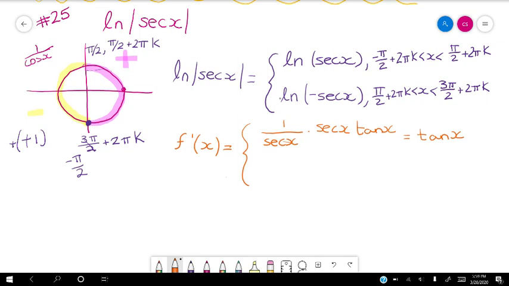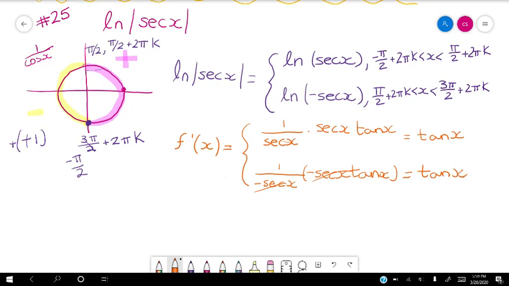All right, so again, derivative of natural logarithm is 1 over the argument. And then what's the derivative of the inside function? Well, that negative sign will make it negative secant x tangent x. And then look at that. The negative signs actually cancel out. And we're still left with tangent of x.